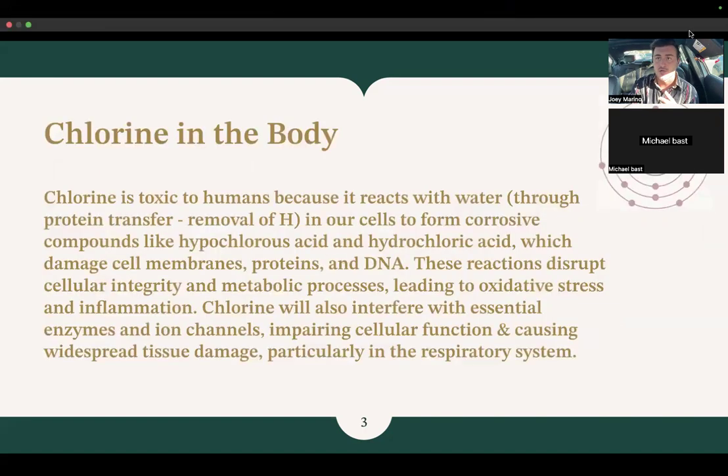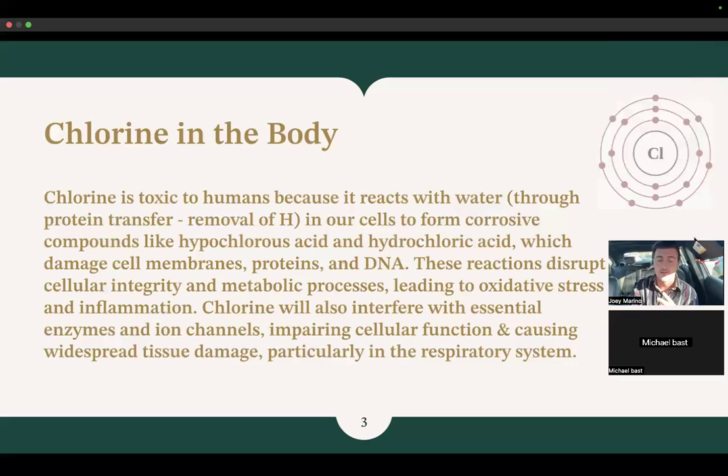Specifically, I wanted to start by mentioning the presence of chlorine in this compound. I actually have a decent amount of background in trichlorodibenzo-p-dioxin research, which is also a compound that contains chlorine. Chlorine is very toxic to humans because it reacts with water in our cells to form corrosive compounds like hypochlorous acid and hydrochloric acid, which will damage cell membranes, proteins, and DNA.